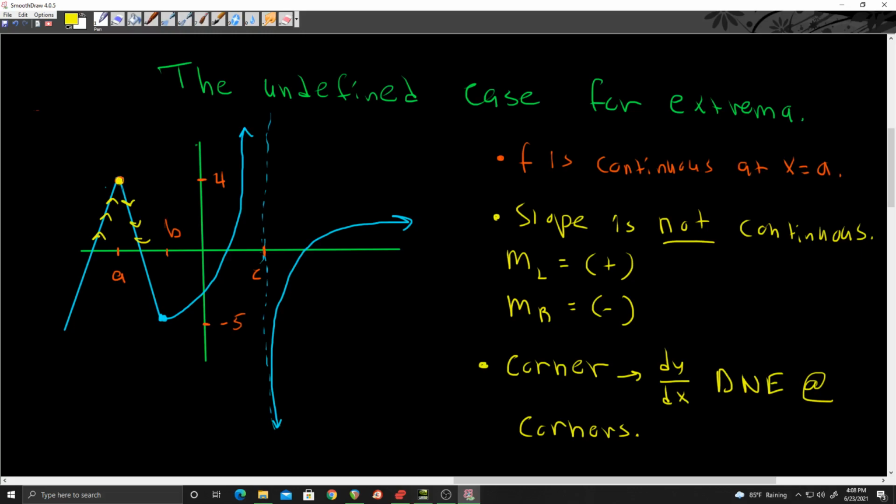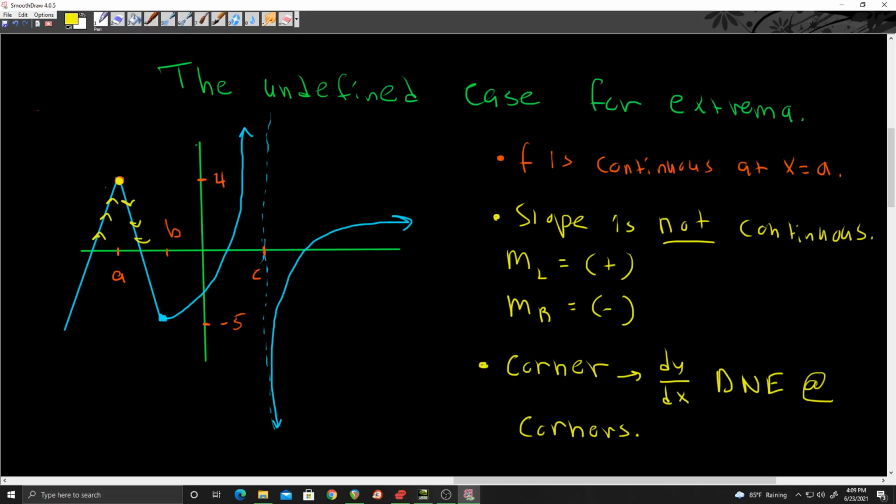And let's remember that the derivative is a limit. And so a limit has a left hand and a right hand side. So the way you need to think about this is, does the left hand slope approach the right hand slope? And they do not. This is positive. Let's just say it's positive 2. This is negative 2. I know that we actually don't have those numbers up there, but it instantly changes from positive something to negative something. So there's not a continuous change here.